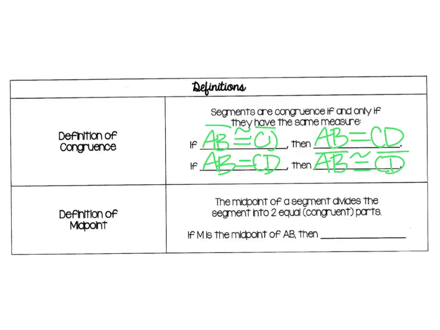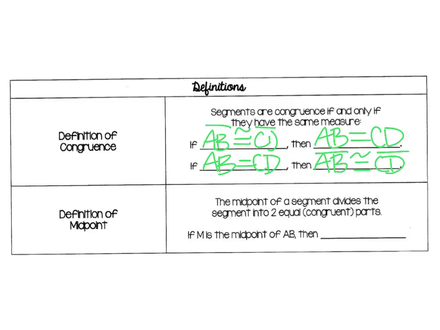All right, and then another obvious piece of information that we're giving a formal name is the definition of a midpoint. The midpoint of a segment divides the segment into two equal congruent parts. That is the definition of a midpoint.